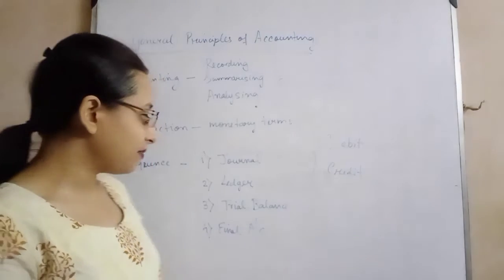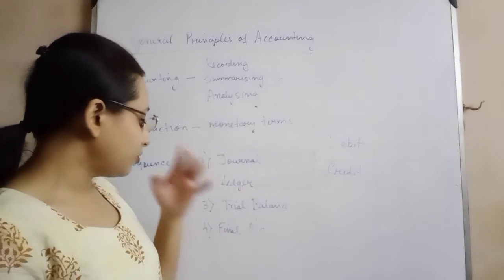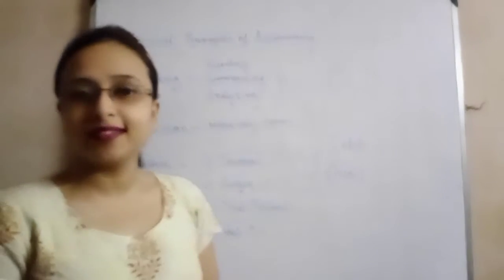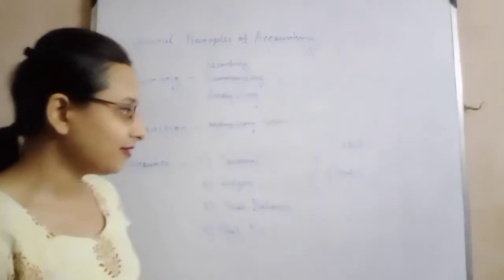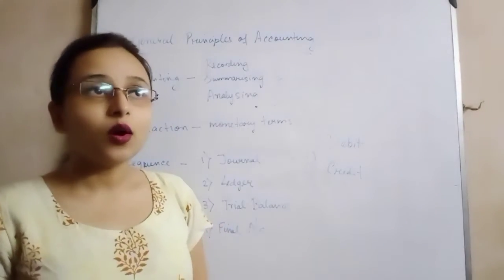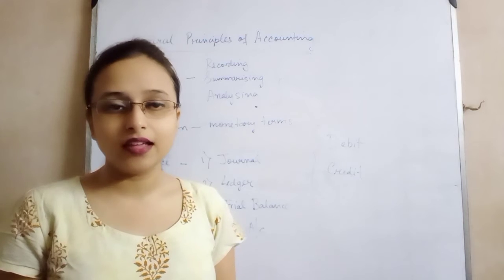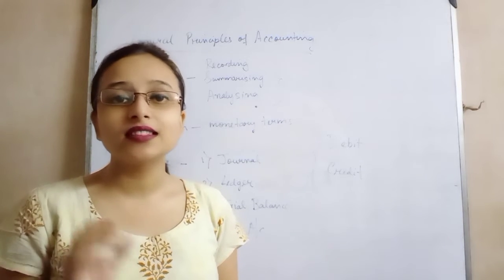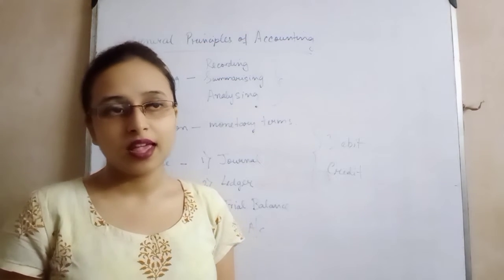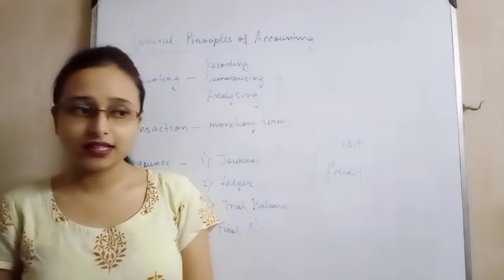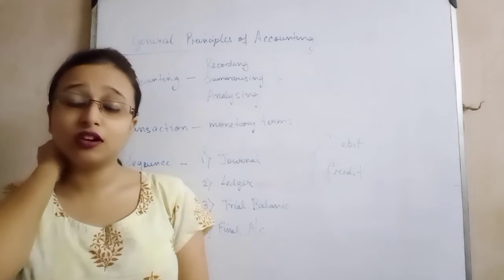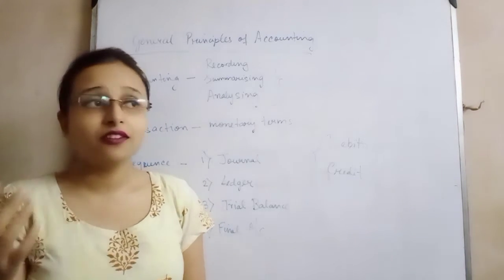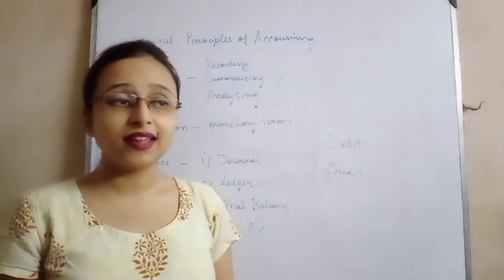Now coming to what I told you here, assets and liabilities. What are assets and what are liabilities? Assets are anything from which you will get a benefit in future. Like you must hear your mother or your parents say, let's buy a flat or an apartment, let's buy a car.